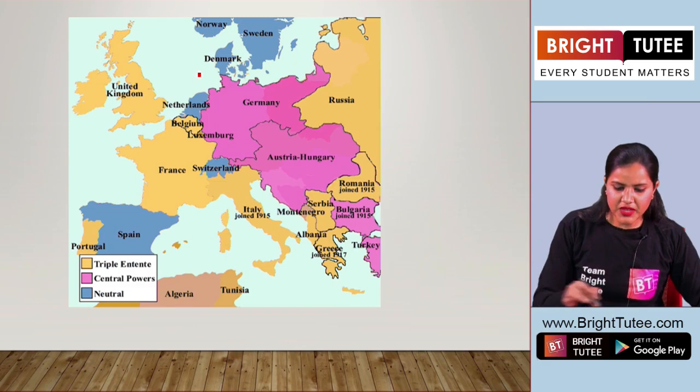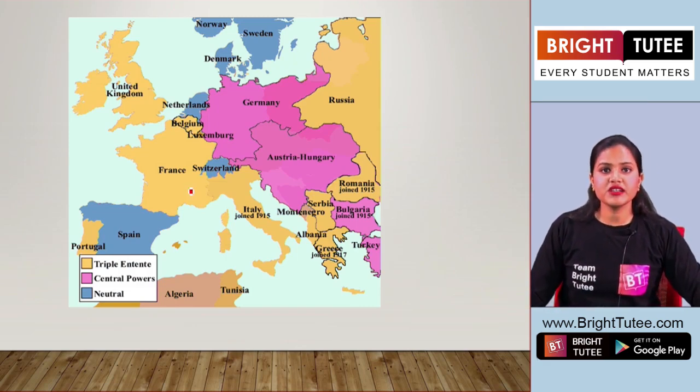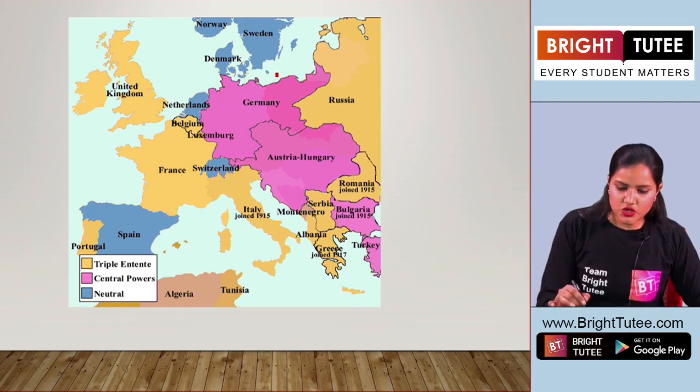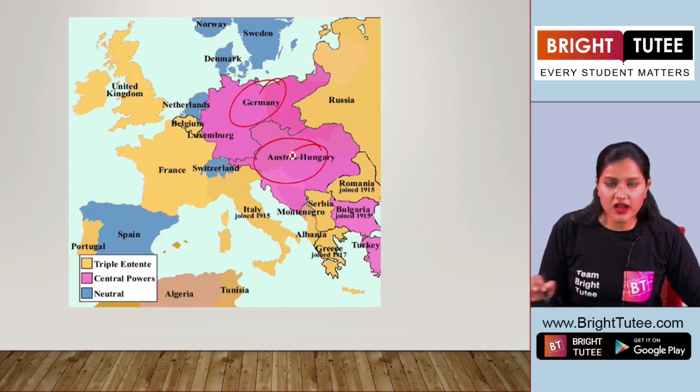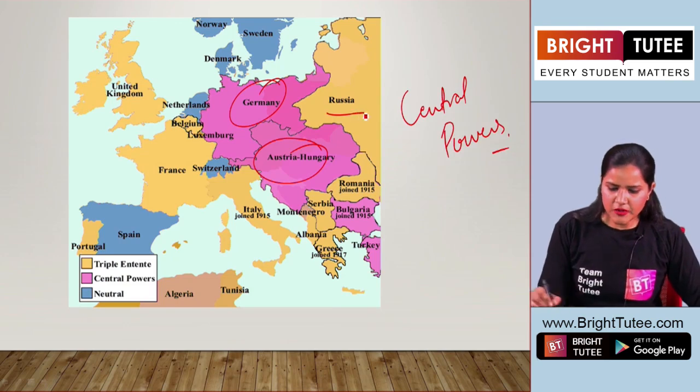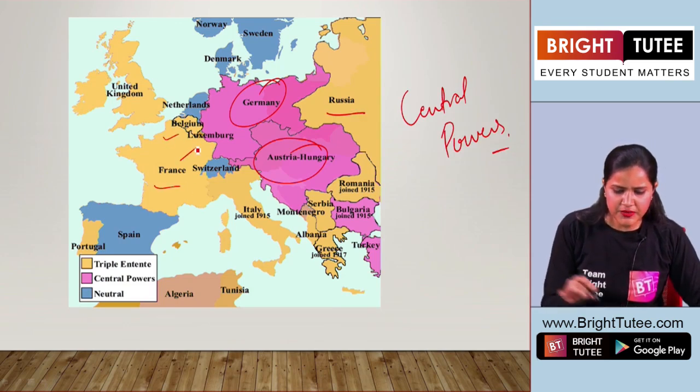Now this is the map consisting of all the important countries that participated in the First World War, right? So here we have Germany and Austria-Hungary, they were from the Central powers, right? And here we have Russia, France, Belgium.